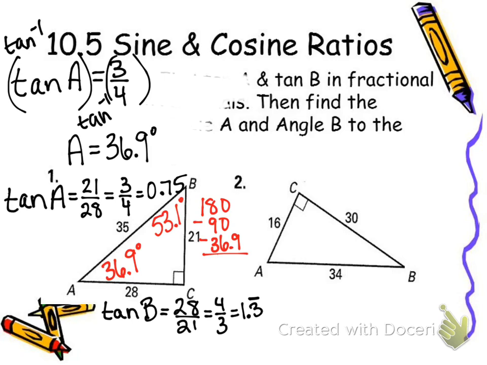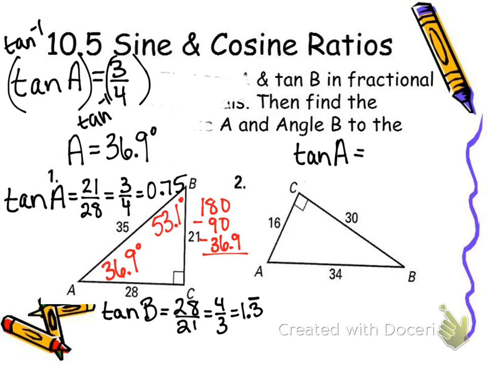On the second warm-up, we are starting over. Same steps. We have to find the tangent of angle A. Who can raise their hand and tell me the tangent of A? Angel? What over what?